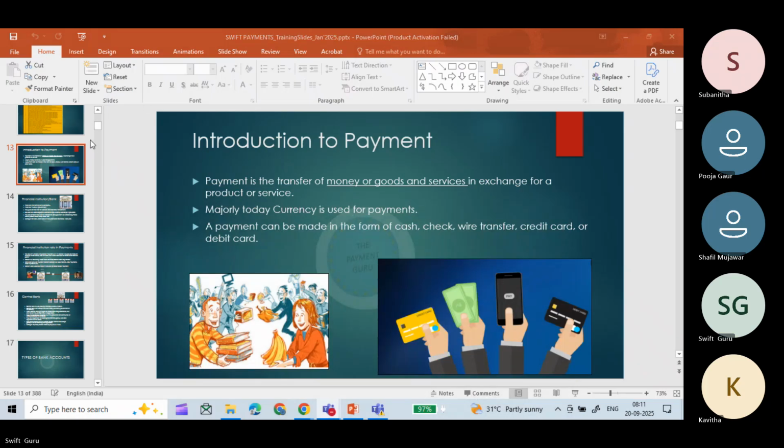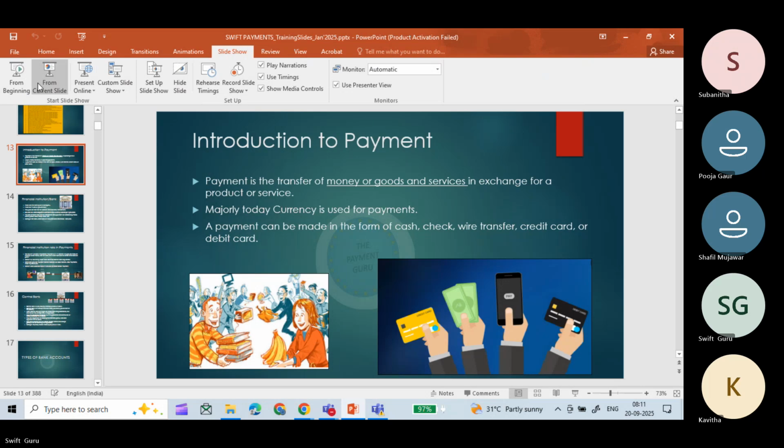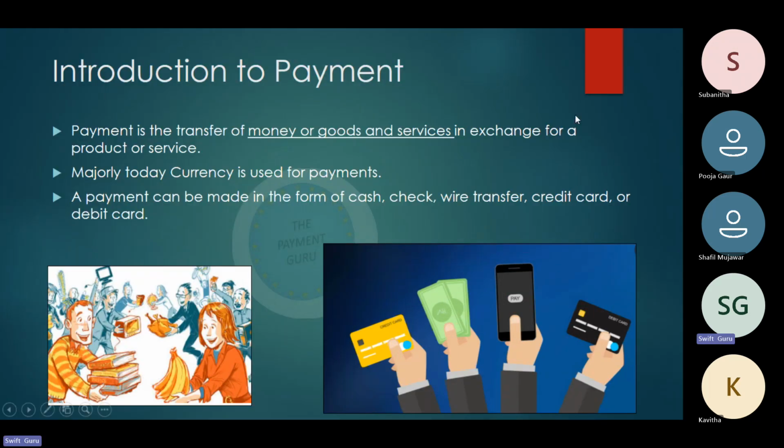Fine then, let's get started. Other people will keep on joining in between. I'll start with the very basics initially. As I said, the objective is to ensure that people who do not have any idea about the payments domain will also be in line.